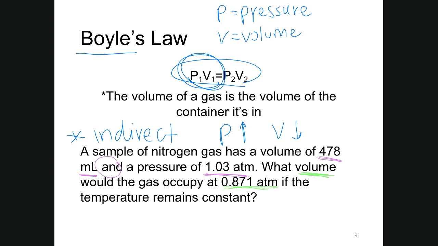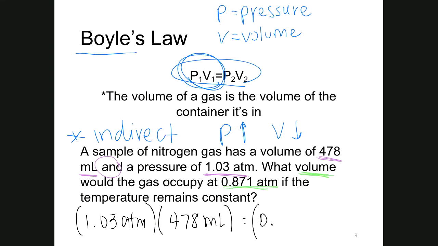So P1 is 1.03. V1 is 478. Again, we don't have to convert that either. So equals, our P2 is 0.871, and we're looking for V2.